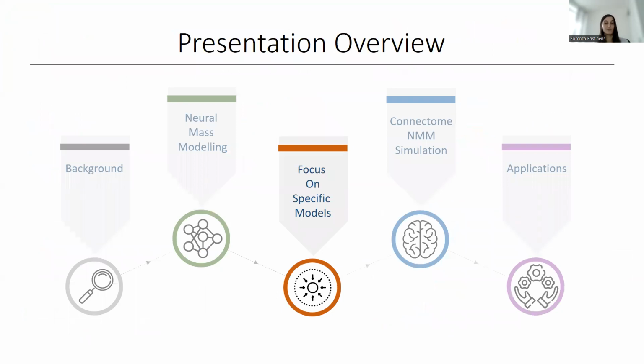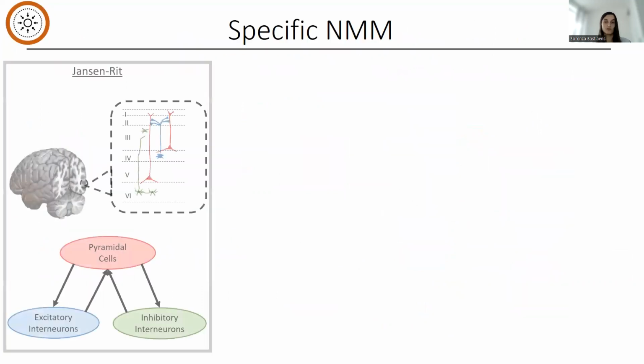So now I'll be going over the 3 different neural mass models that we will also be investigating in the hands-on session right after. So the Jansen-Rit model is a cortical model composed of 3 populations, and it is used to reproduce EEG data.